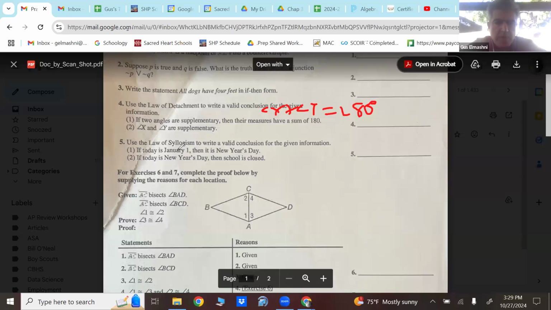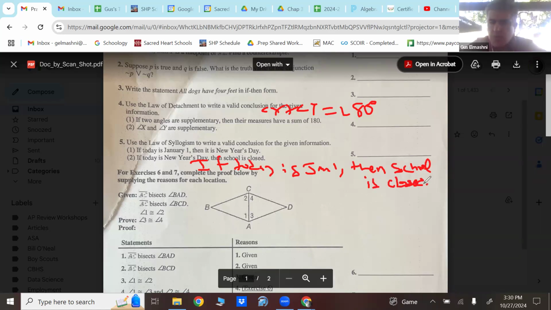Here, if today's January 1st, New Year's Day, then the school is closed. So you could say, if today is January 1st, then the school's closed. So that's just using logic there.